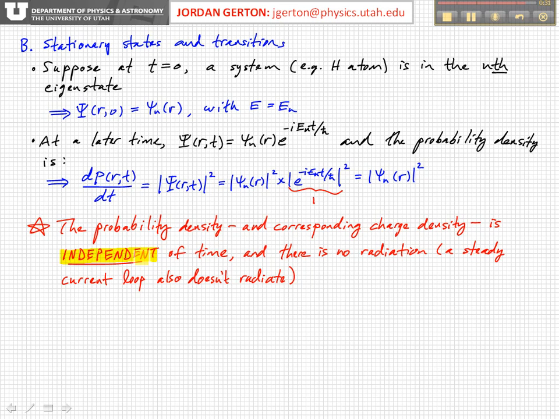Okay, and just as an aside, if you think back to your classical electrodynamics, electricity and magnetism class, and you think about a current loop, so just a current going around in a circle, certainly the charges are actually accelerating in the sense that they're going around in a circle, but in fact that steady current loop, if it's going around at a constant speed, does not radiate either.